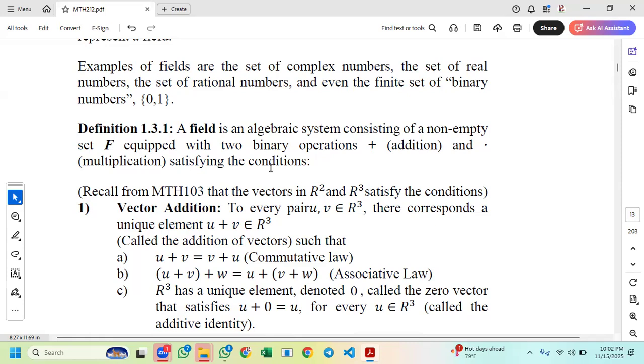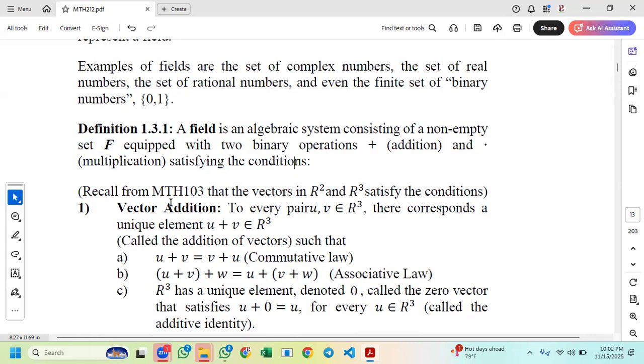From what we've done so far, the operations we do are addition and multiplication. Let's bear this in mind in case you see it: a field is an algebraic system consisting of a non-empty set F equipped with two binary operations, addition and multiplication, satisfying the conditions.